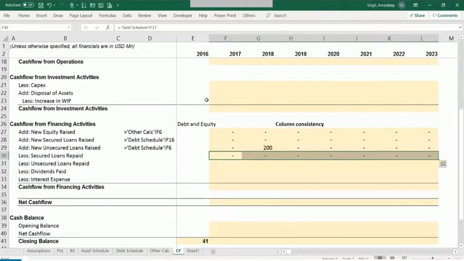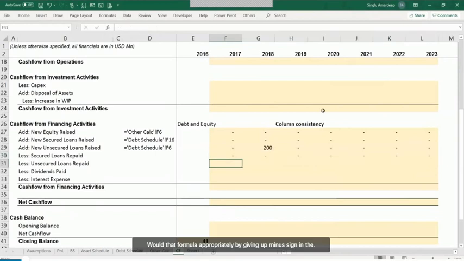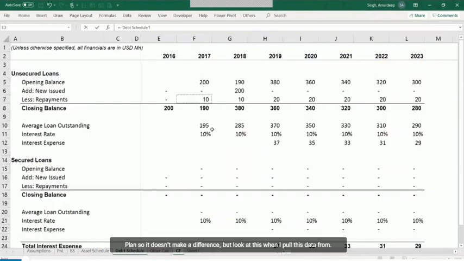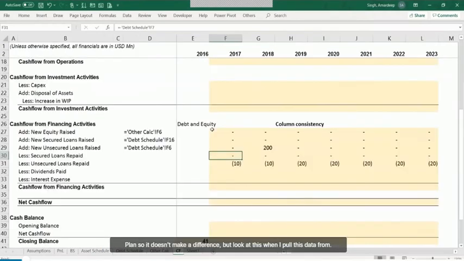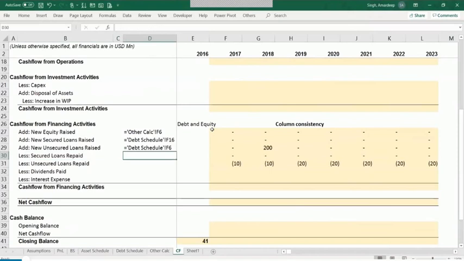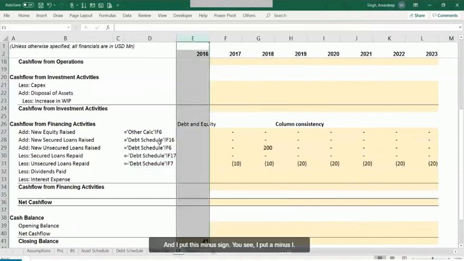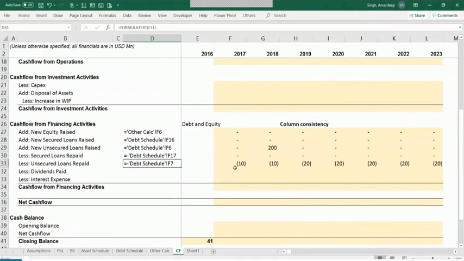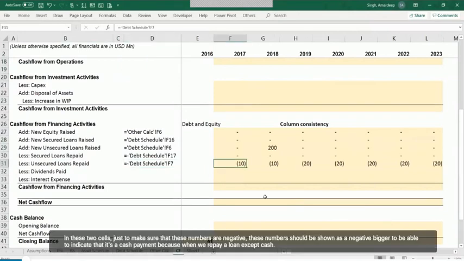So please put that formula appropriately by giving a minus sign in the beginning. Now the secured loan is blank, so it doesn't make a difference, but look at this. When I pull this data from here and put this minus sign, you see I put a minus sign in these two cells just to make sure that these numbers are negative. These numbers should be shown as a negative figure to indicate that it's a cash payment, because when we repay a loan, it's a cash outflow.